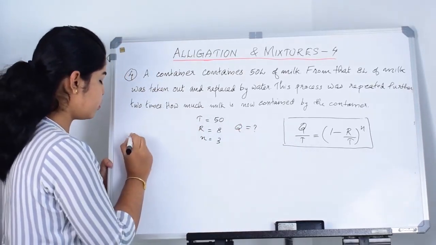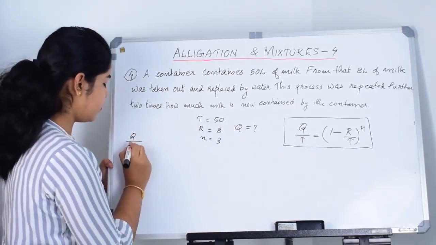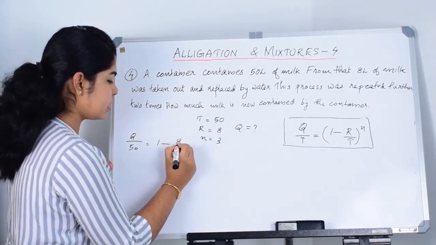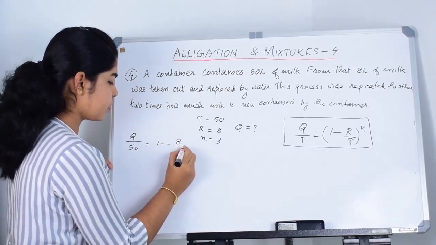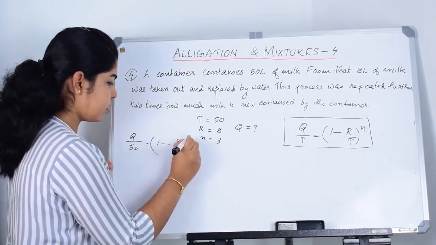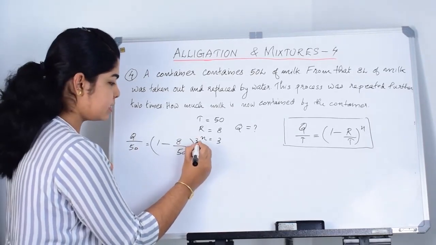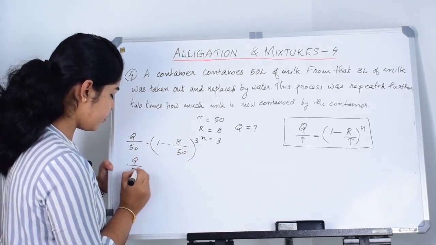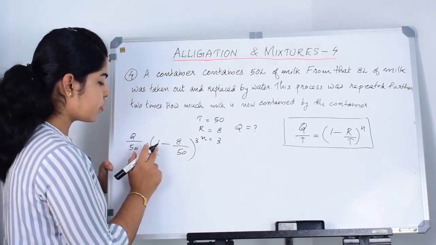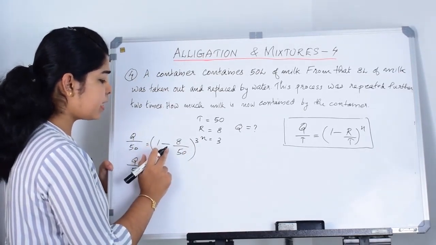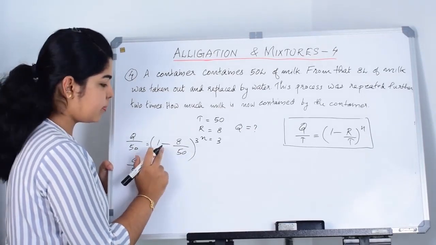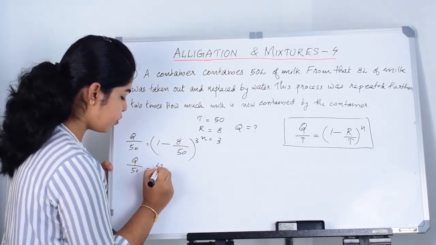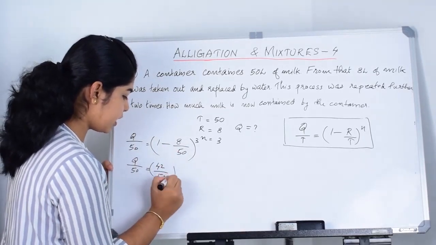So Q by T, T is 50, is equal to (1 minus R by T) raised to n, where R is 8 and N is 3 here. So here Q by 50 is equal to (1 minus 8 by 50), that is (50 minus 8) by 50, that is (42 by 50) whole raised to 3.